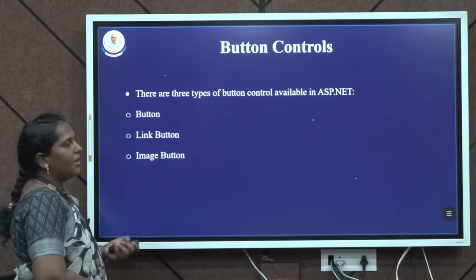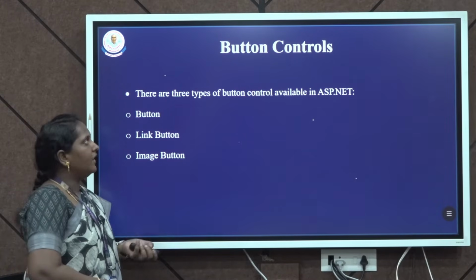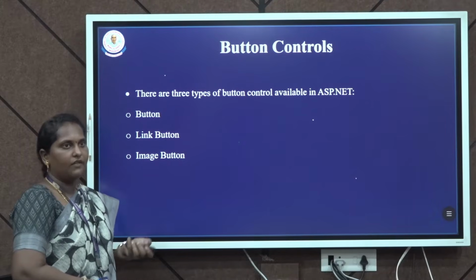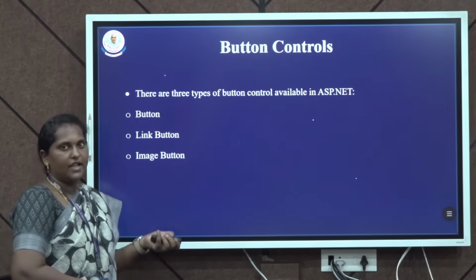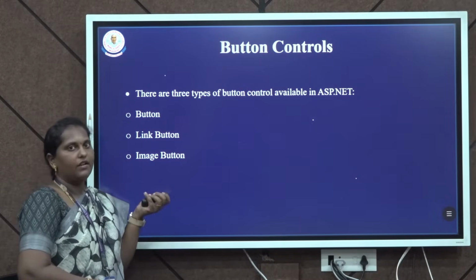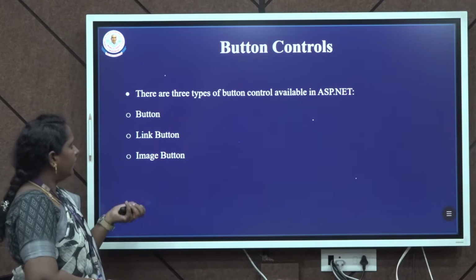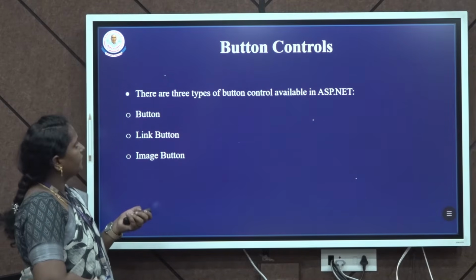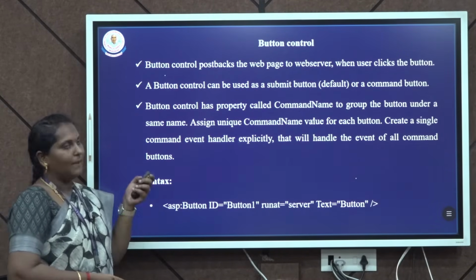The next one is the button control. Normally we use a button for submitting the data to the server when the user presses the submit button. It contains three types of controls. The first one is button, then link button, and an image button. The next one is the button control.